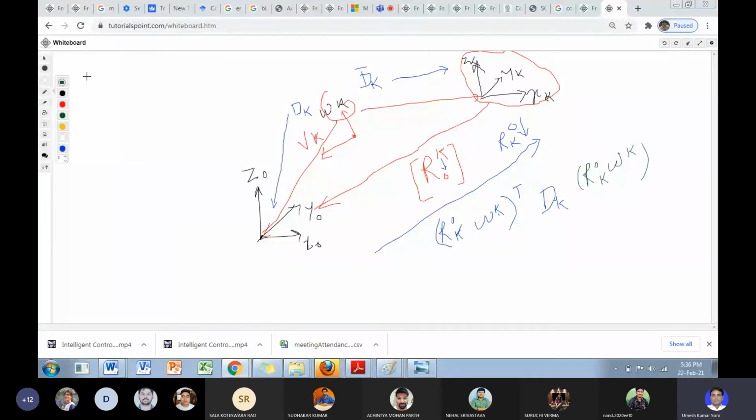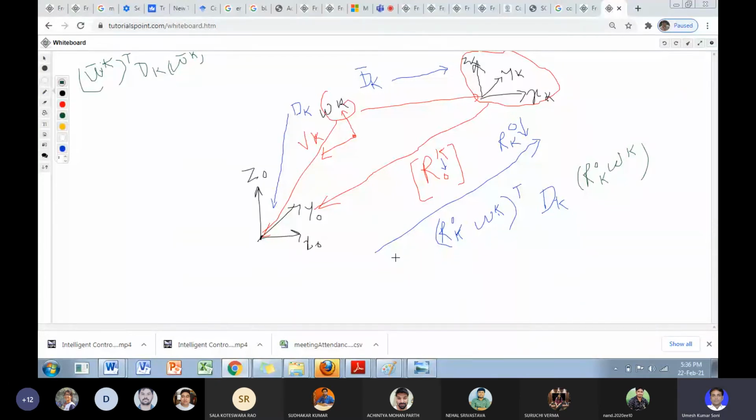Previously, what was it? Previously we represented it as omega k. I am simply representing it by omega k. In the book this is represented with a minus; why it is used I don't know.